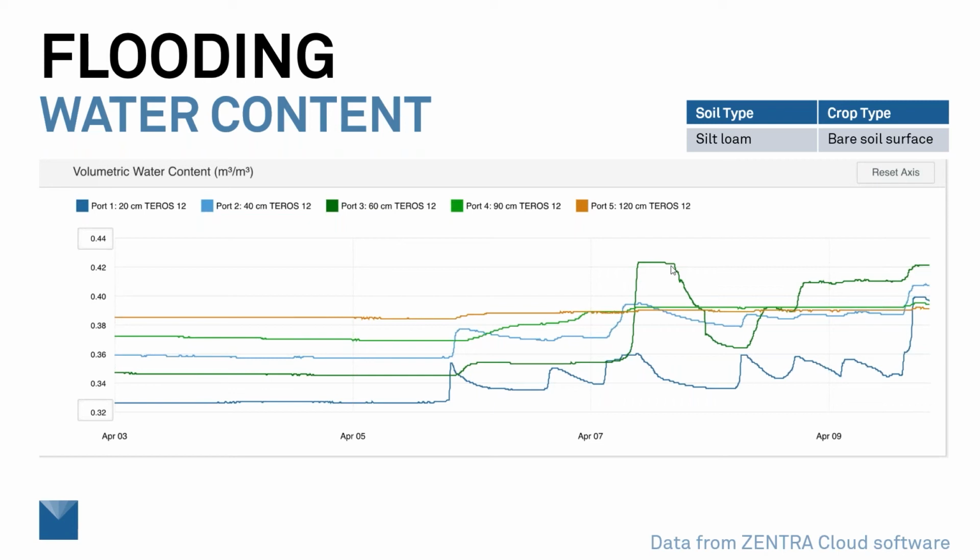But the question then is, if we saw saturation here at the 60 centimeter level, why didn't it flood on April 7th? Well, by the time we saw saturation down here at 60 centimeters and a little bit at 40 and at 20 centimeters, we also see this decrease as the water content drains into the lower regions of the soil. And I suppose that must be why.